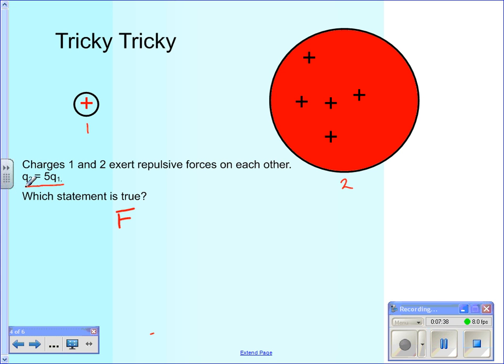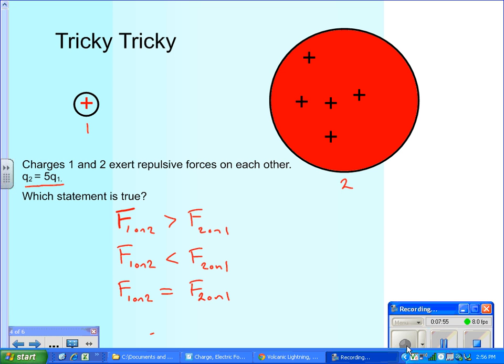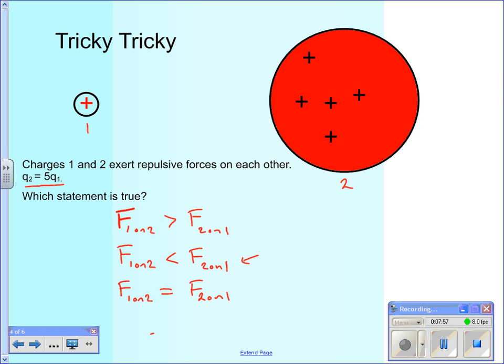That's what this says. So what would we say? Would we say the force of 1 on 2 is greater than the force of 2 on 1? Or the force of 1 on 2 is less? The answer is this one.